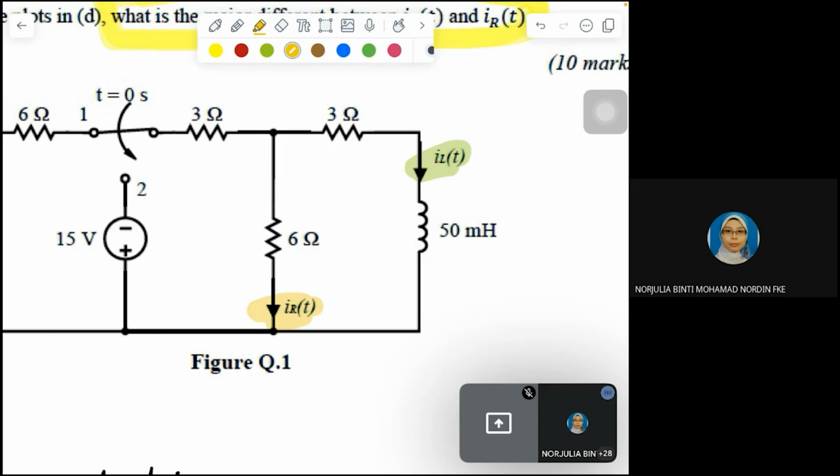So from this circuit, the current that flows through the 6 ohm resistor is going down.